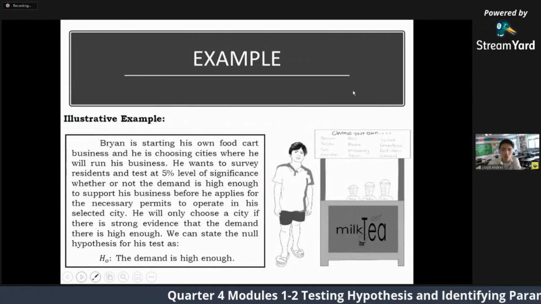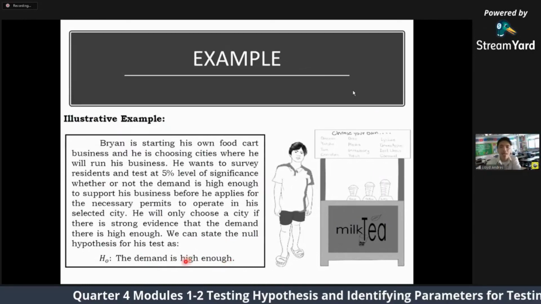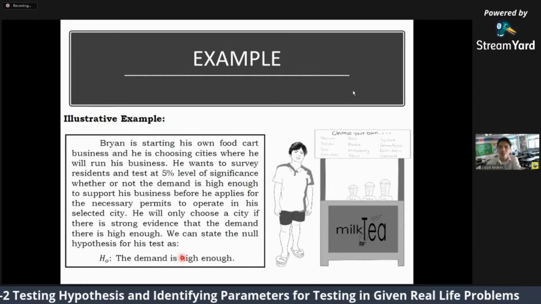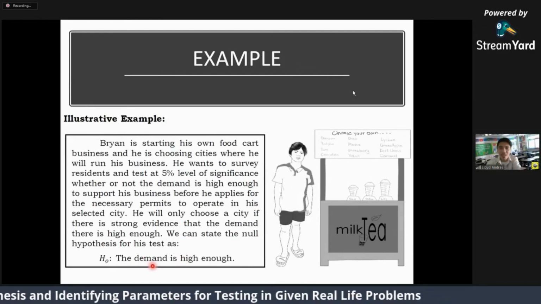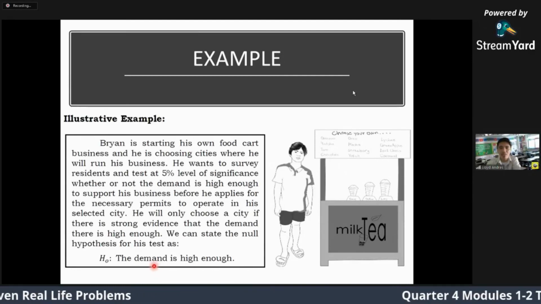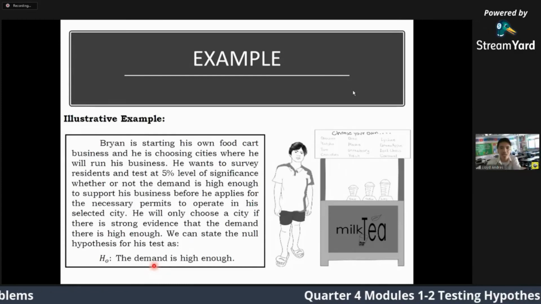So it is true that the demand is high, but you don't believe it. Actually the demand is high, but based on your experiment, or your statistical test, the result says it is not high.